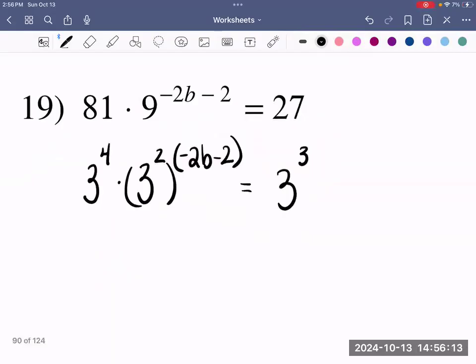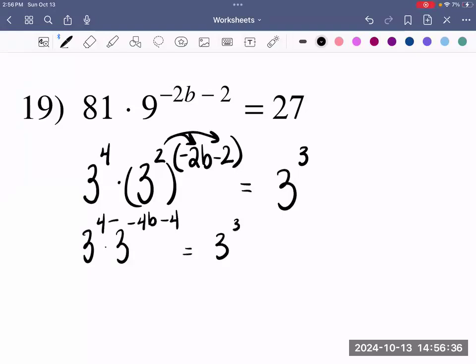So now that all of your bases are the same, we want to start to combine the ones on the left-hand side. We can say 3 to the 4th times 3 to the negative 4b, and all I'm going to be doing is distributing this throughout the expression. Now we can combine through addition.